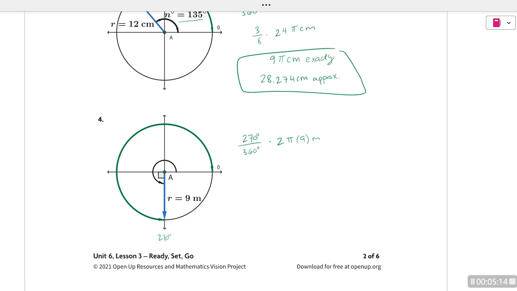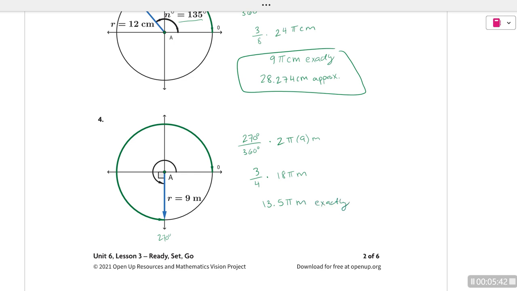Now, 270 divided by 360, that's 3/4 of our circle, right? 3 out of 4 of our quadrants there. So times 18 pi meters. So 3/4 times 18 gives us 13.5 pi meters exactly.